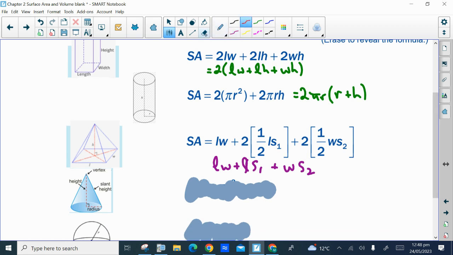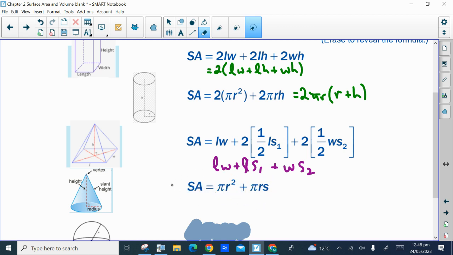All right, the next shape is a cone. And there's the formula for surface area of a cone. It has 2 terms. The first term is pi r squared. Where does that come from? That's right. That's the formula for area of a circle. And a cone has a circular base.